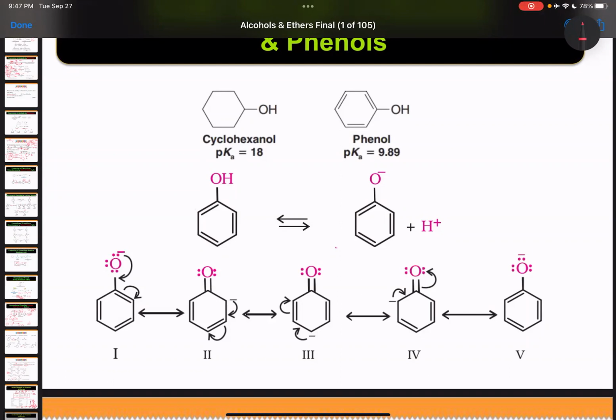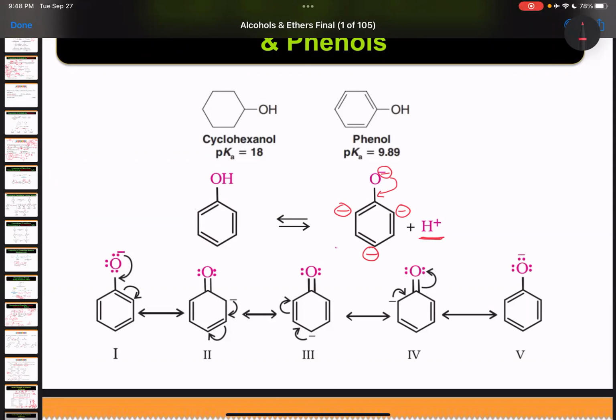Suppose someone asks you, what will you answer? Sir, phenol is having double bonds, the carbon atoms are sp2 hybridized, so they pull the electrons more from the OH group. And the negative charge formed after the departure of H plus is able to stabilize itself by distributing itself on the benzene. So now its tendency to combine back with the H plus will decrease.